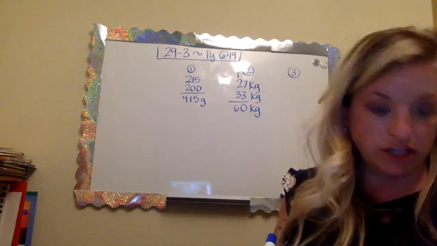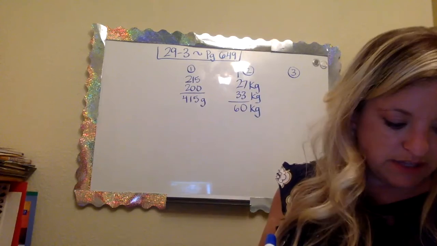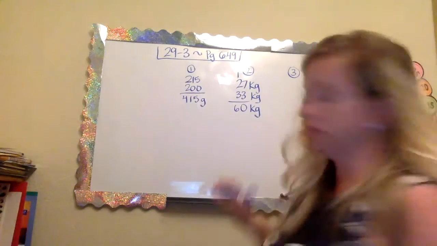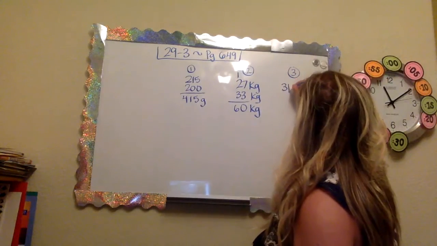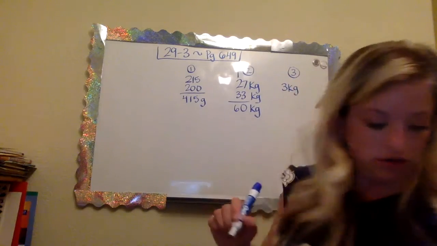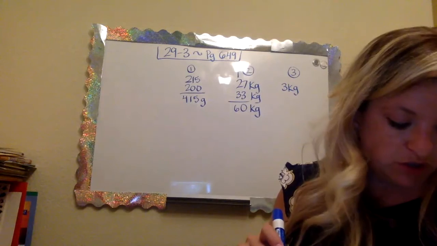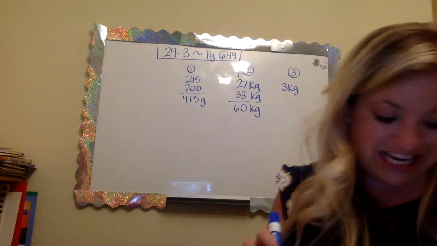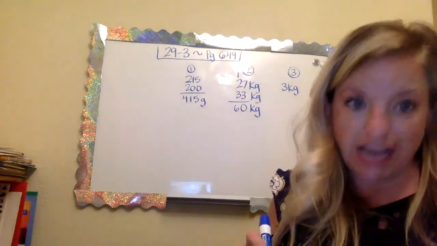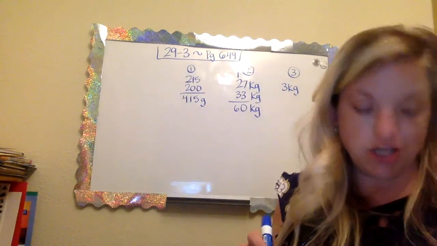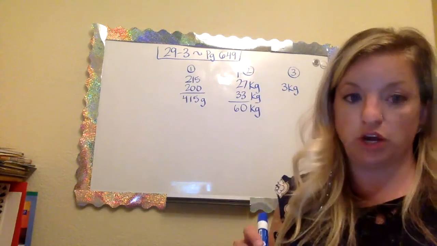This will be number 3. Joe is shoveling snow. He estimates that he lifts 3 kilograms with each full shovel. What is the total mass he lifts with 80 full shovels? So we have 80 groups of 3. So we are multiplying.